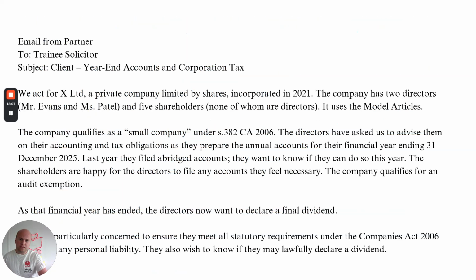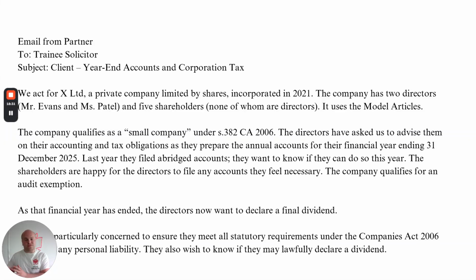The first is in respect of the accounting requirements for this company. Let's pick out some of the key facts here. We've got two directors of a private company that uses the model articles. The company qualifies as a small company. So remember those regimes, the accounting regimes and filing regimes, depending on the size of the company.